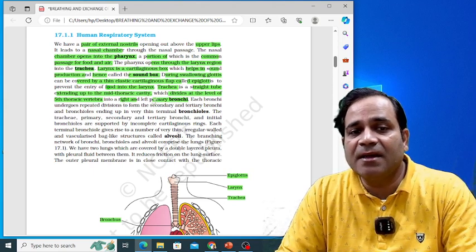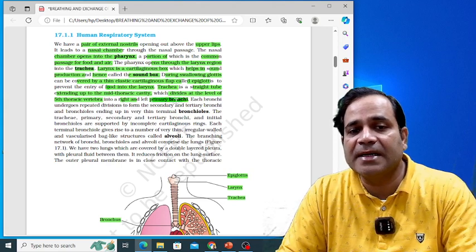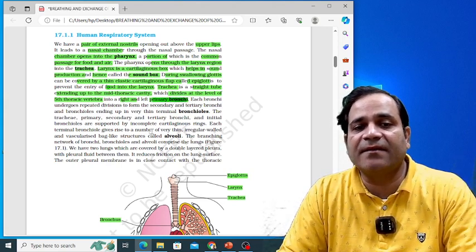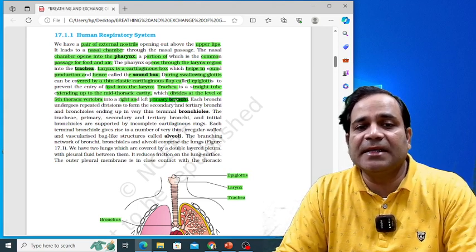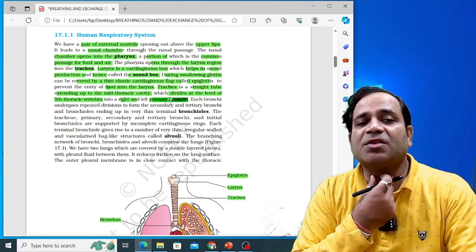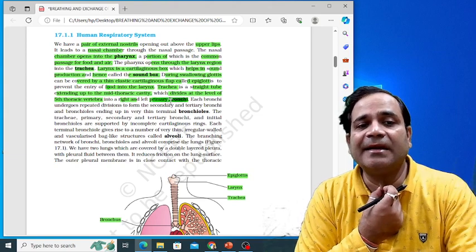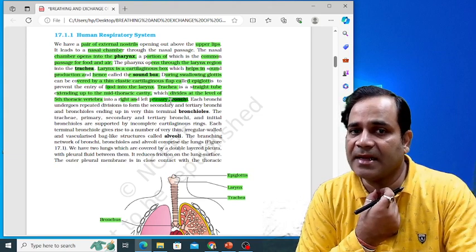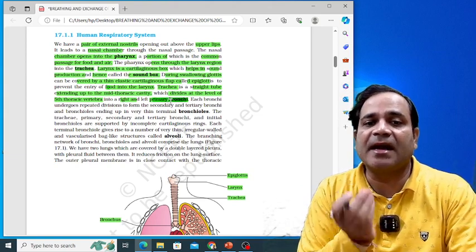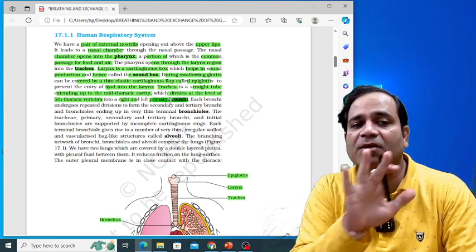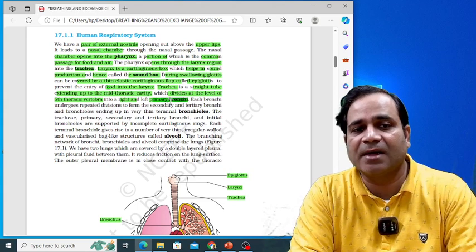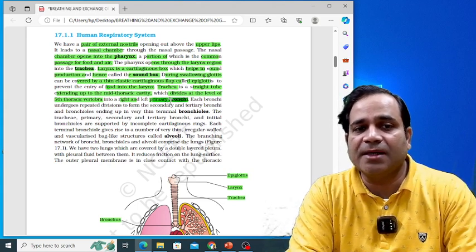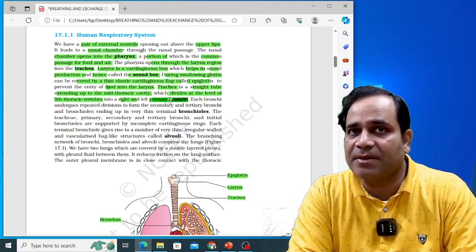Why am I saying primary bronchi? Because the bronchus which is divided first is known as primary. So the trachea is a straight tube extending to the mid thoracic cavity, and it divides at the 5th thoracic vertebra into the right and left primary bronchi, my dear.